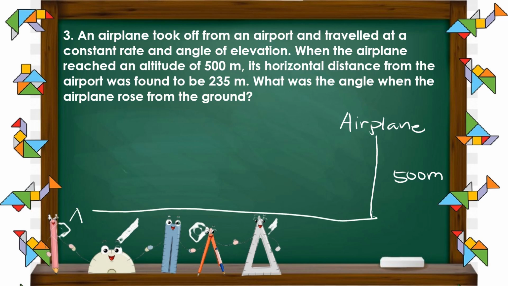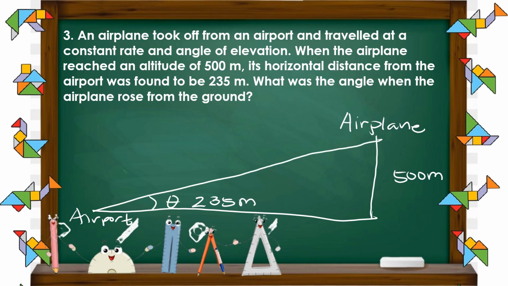So here is the airport, and that is 235 meters. What was the angle when the airplane rose from the ground? So we have 500 meters, 235 meters. This is your unknown angle theta. What trigonometric ratio are you going to use?